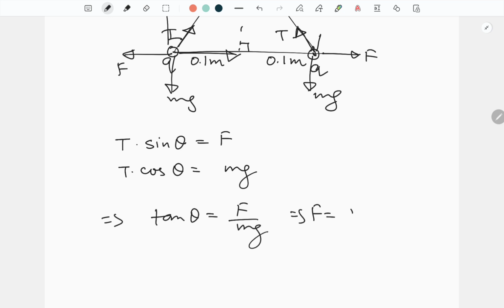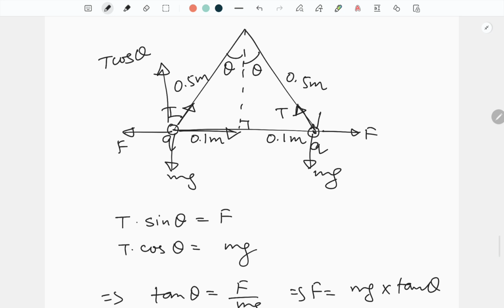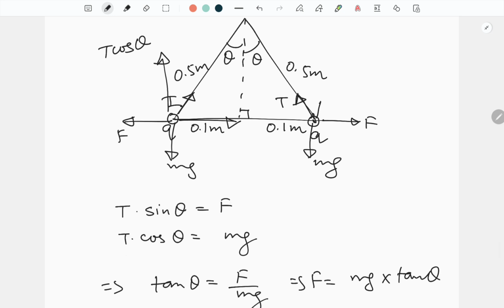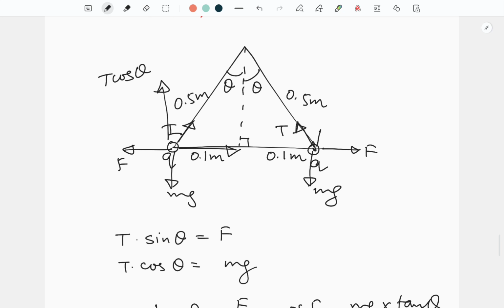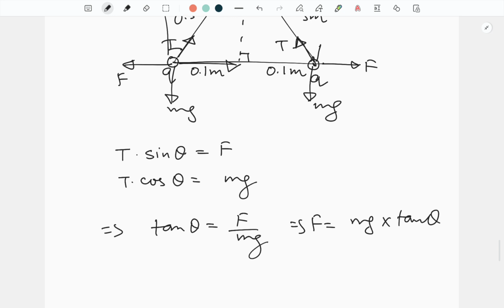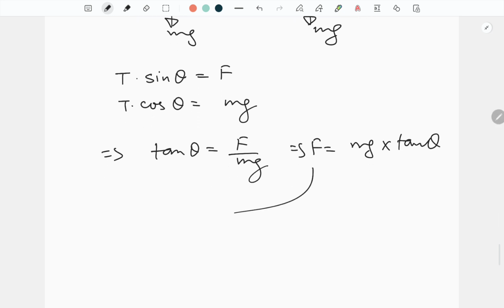So F becomes mg multiplied by tan theta, and from this triangle you can easily see tan theta is 0.1 upon, perpendicular by base, 0.1 upon under root 0.5 square minus 0.1 square. So put all the values here. F will become equal to 1 by 4 epsilon naught, and you have to multiply k here also because it is under liquid.